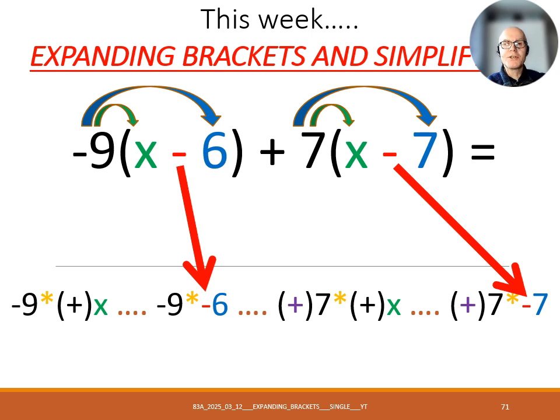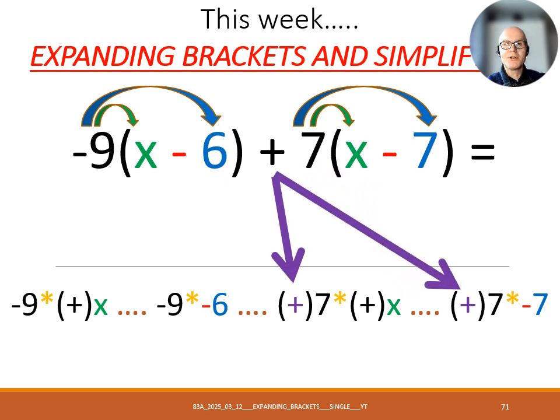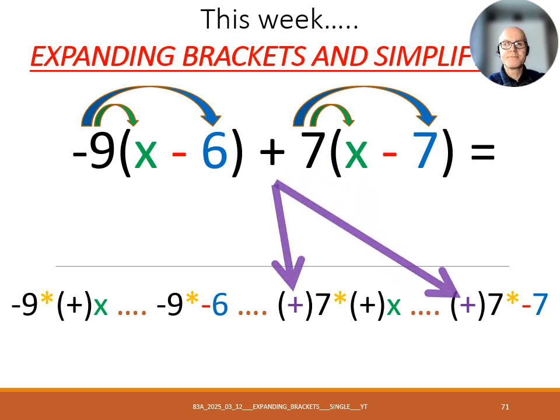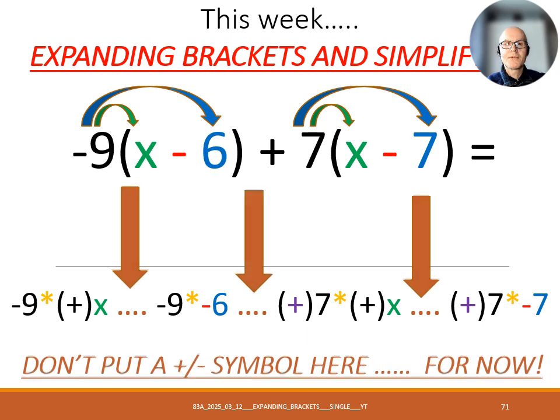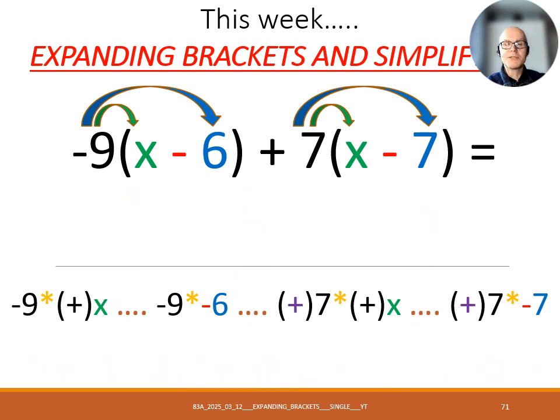Keeping it in our 4 chunks. Here's where the negative signs come from, and here is where the positive signs come from. 2 single brackets means 4 chunks, 4 little equations to work out, mini equations, before we put them all together to give our final answer.